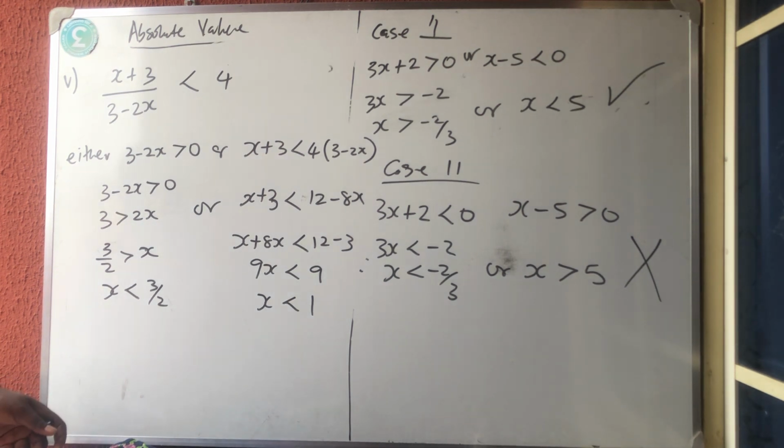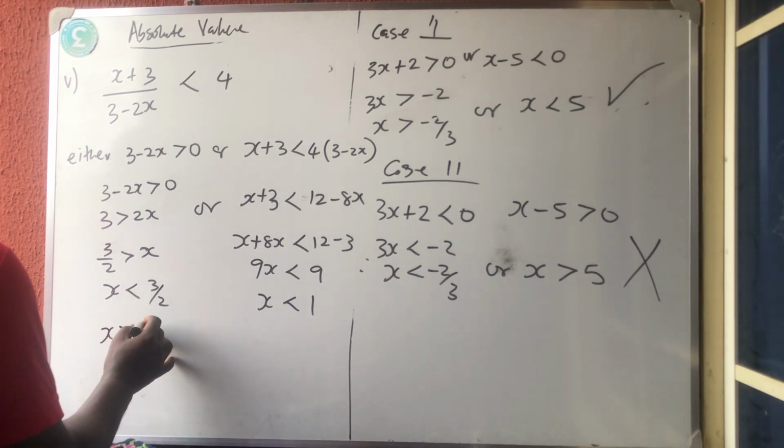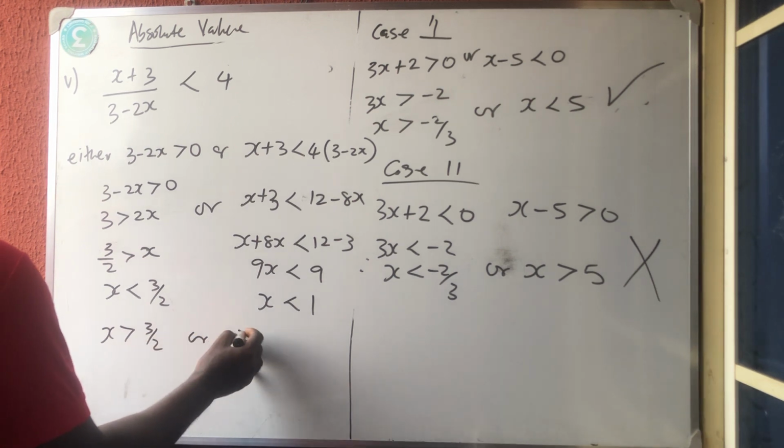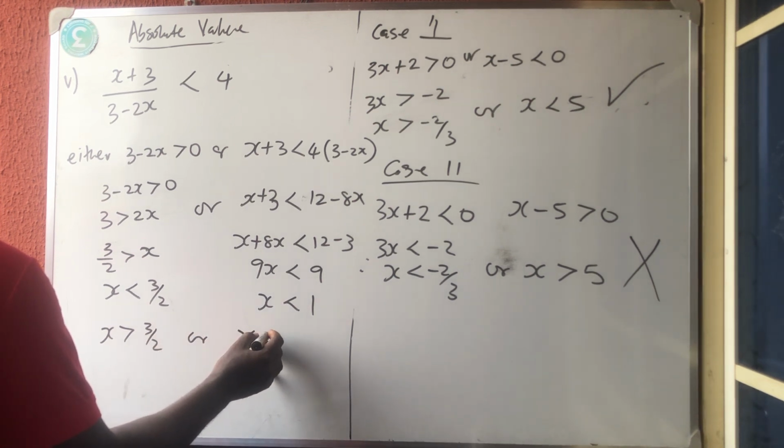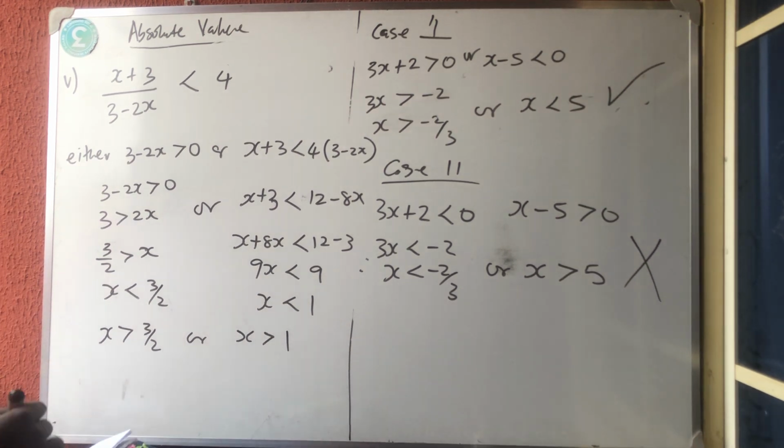So this is the answer, or we say that x is greater than 3 over 2, or x is greater than 1. So any of the two is the solution to that.